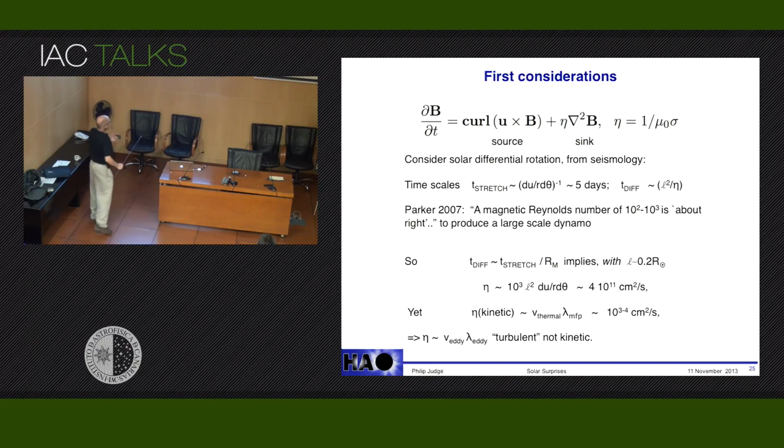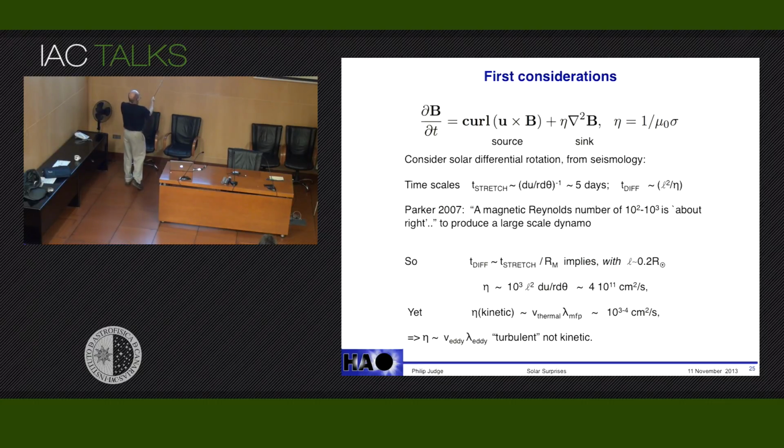We're going to end up with a diffusivity, if we're going to use this to amplify the field, on the order of T stretch divided by Rm, and we're going to use a number on the order of 10 to the 3. That comes about because we want to get this 10 to the 3 times bigger than that. That gives us about 5,000 days, about 11 years or so. So we want a pretty significant time scale here.